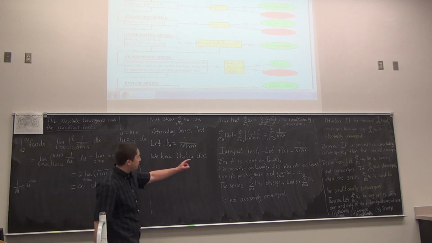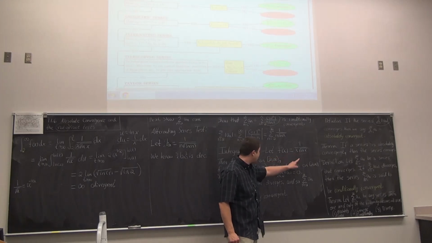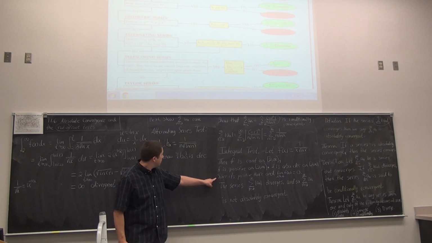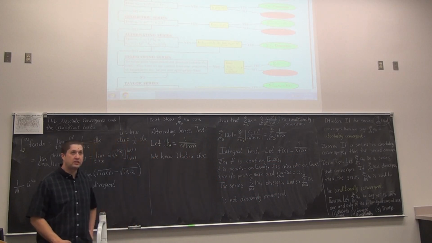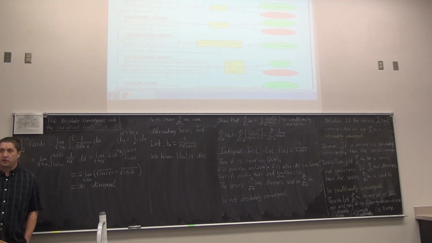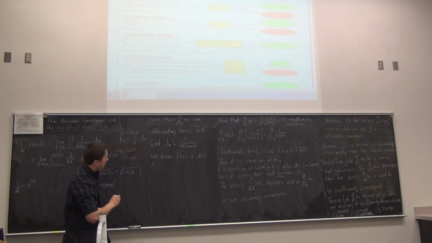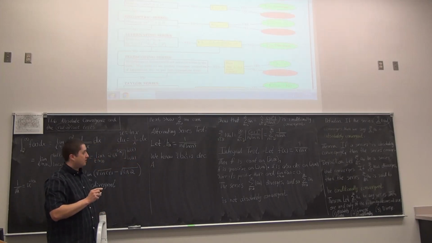Well, if we show that the function 1 over x natural log x is decreasing, which we did down here in the hypotheses, then the sequence itself has to be decreasing as well, since the curve that the function produces is essentially the guide rails for the points that the sequence produces. So this is decreasing.